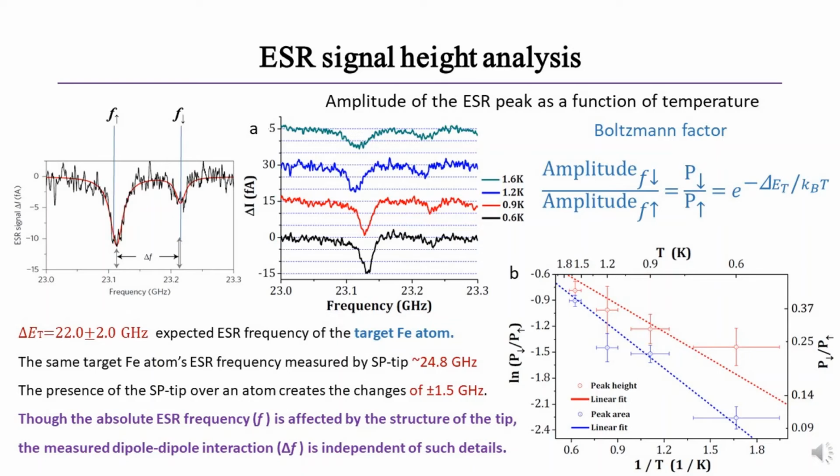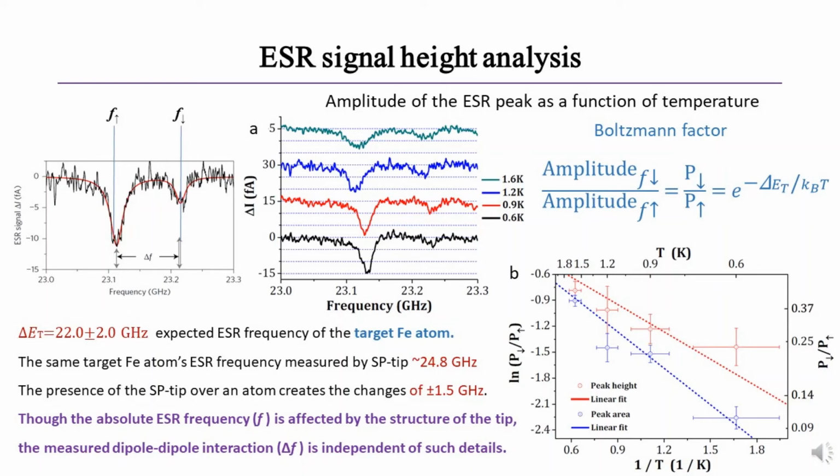And the authors found the ratio of the two ESR peak heights, which is also the ratio of the thermal population of spin down to spin up, agrees well with the Boltzmann factor, which is 0.4 at temperature 1.2 Kelvin, as shown in figure B.